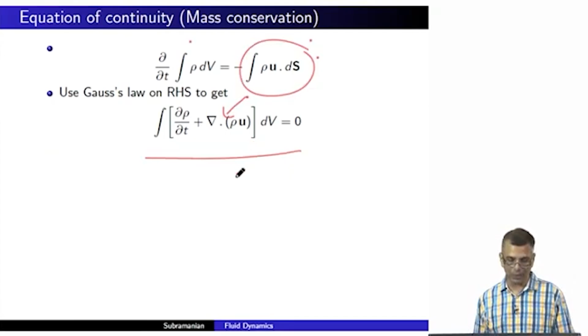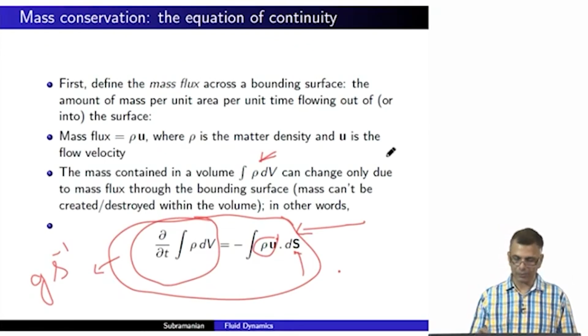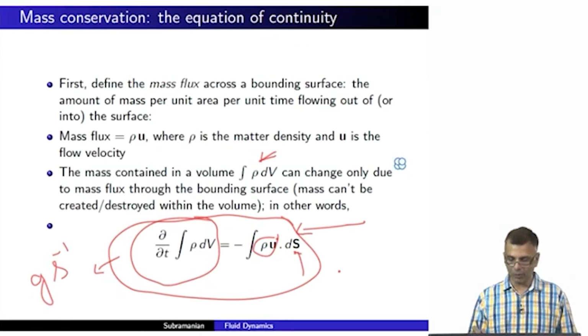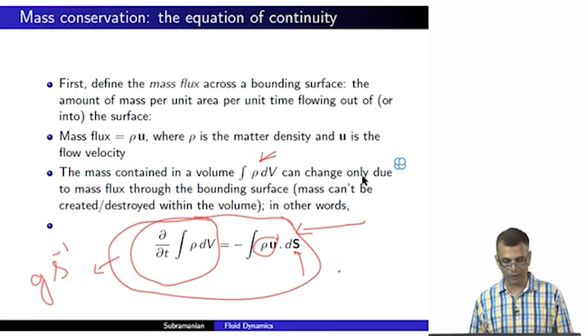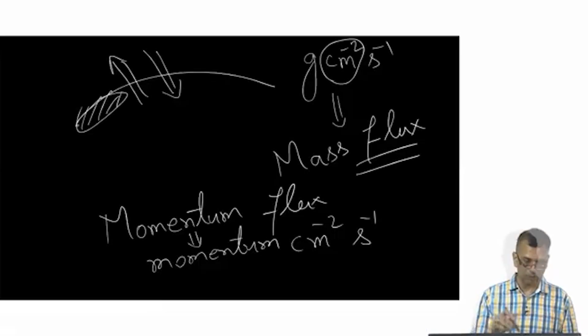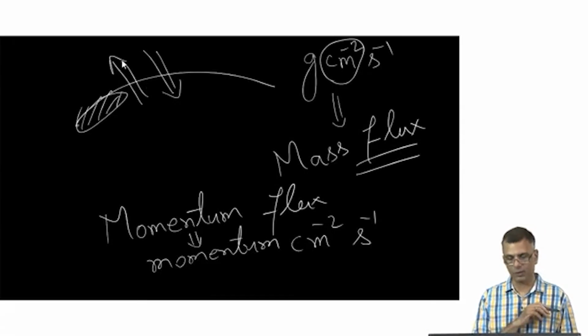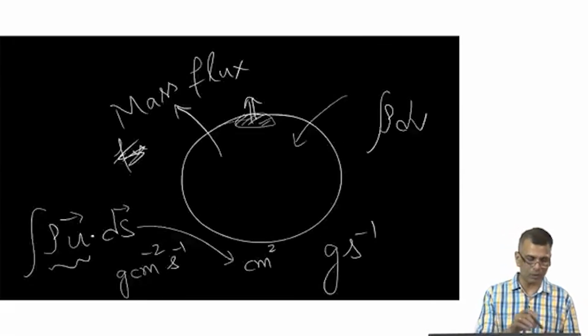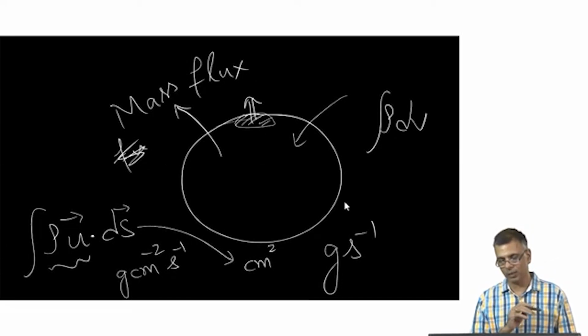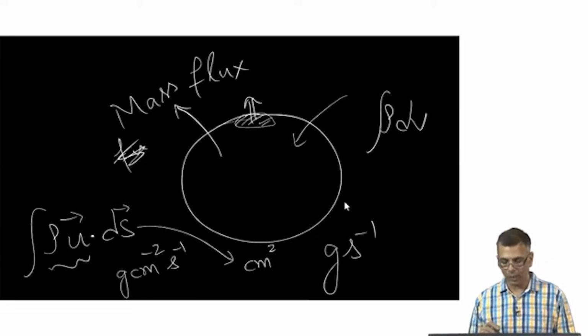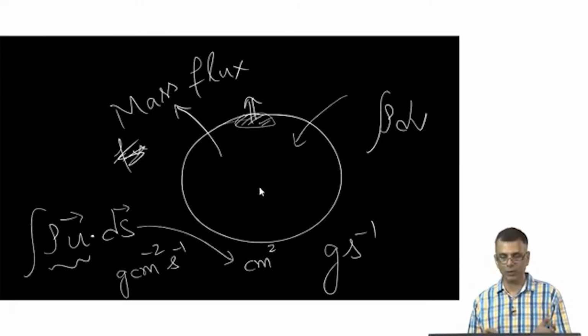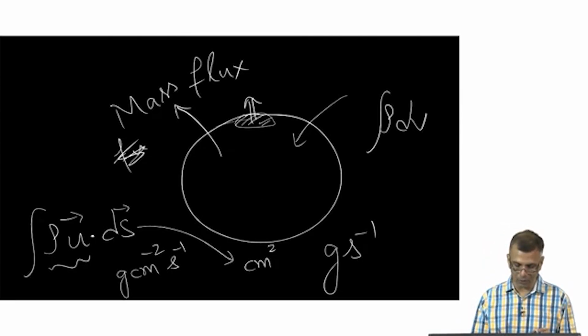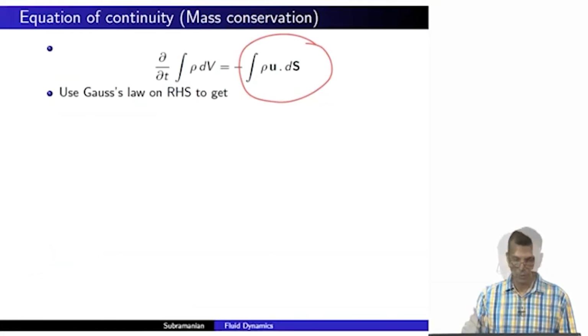What is it really saying? It's saying that mass cannot be created or destroyed. The mass contained in the volume can change only due to mass flux through the bounding surface. So the only way the total amount of mass inside here can change is because of mass flux through this bounding surface.